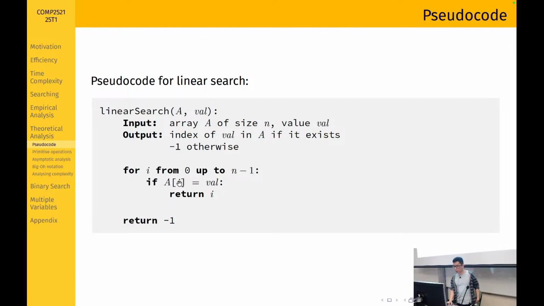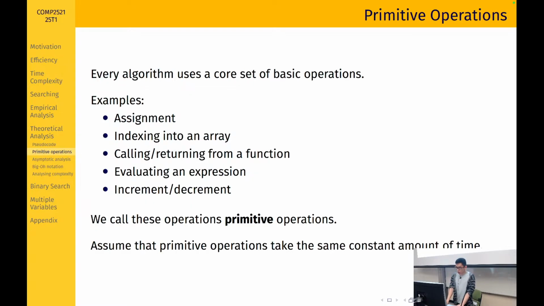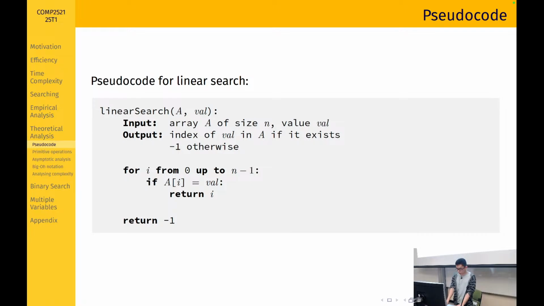And if the index i contains the value, A[i] equals value, then we return i. Otherwise, we return -1 at the end. Okay, so that's the pseudocode.